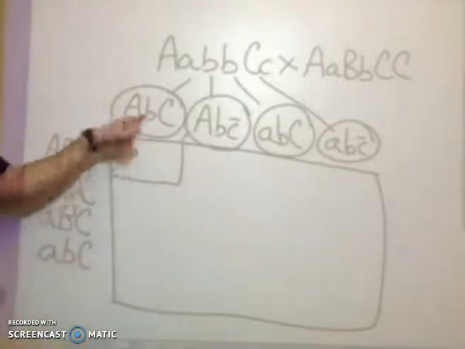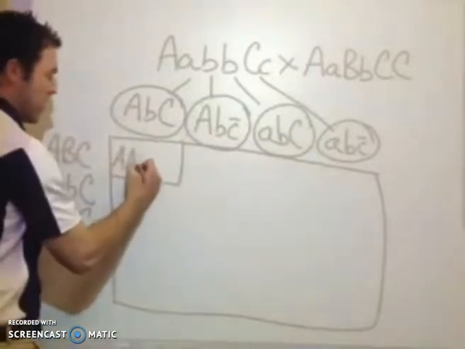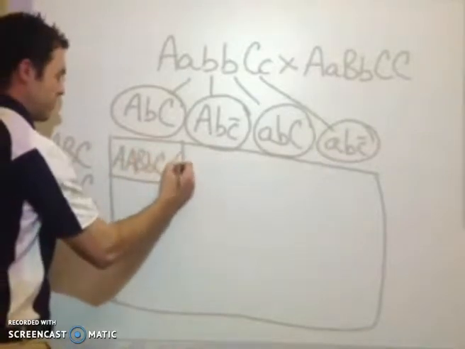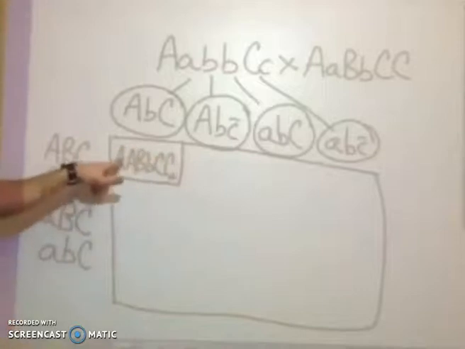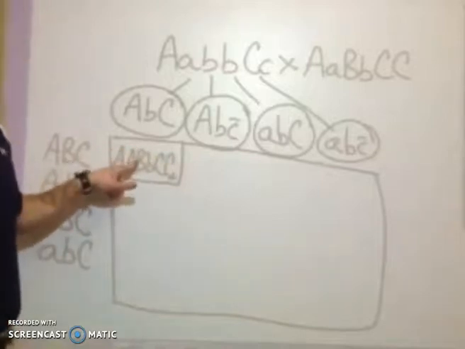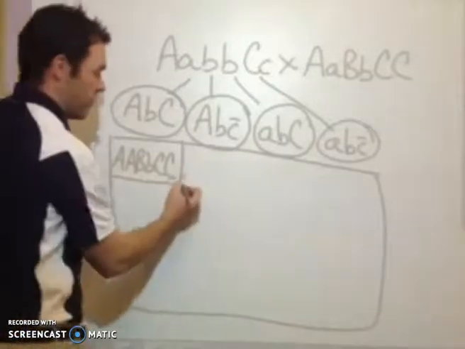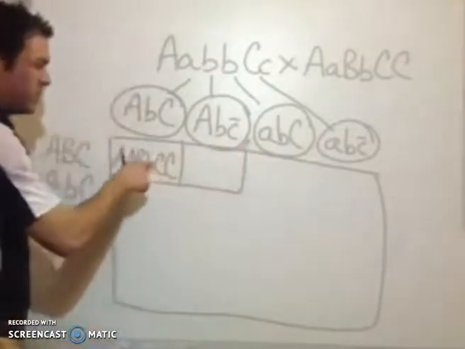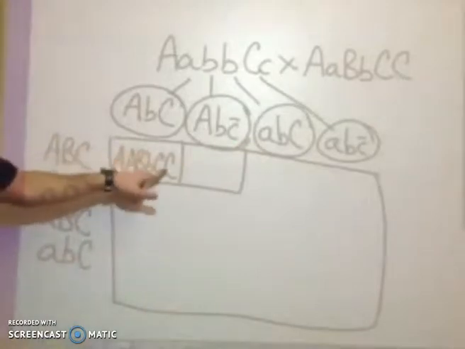You could fill it in like it was a true tri-hybrid where you would do big A, big B, little b, big C. But technically we're not looking at this full genotype. All I really care about is the number of dominants. So to simplify this, to make it easier for you and a little less confusing, I'll keep that one there, but really all I care about to figure out the phenotypic ratio is the number of dominants.